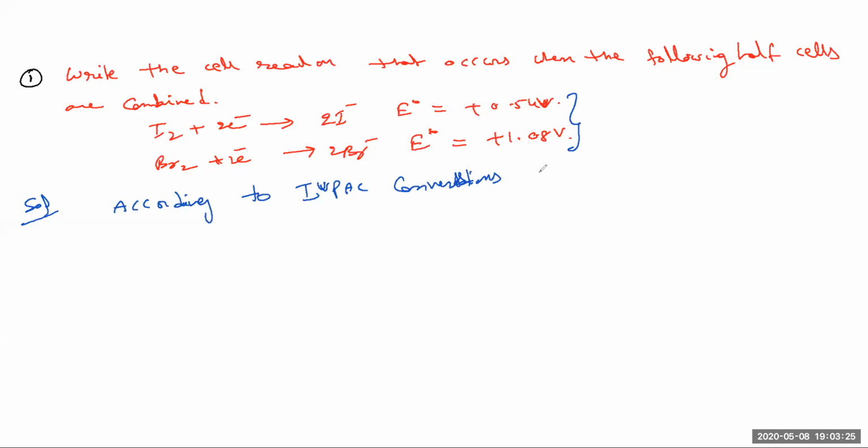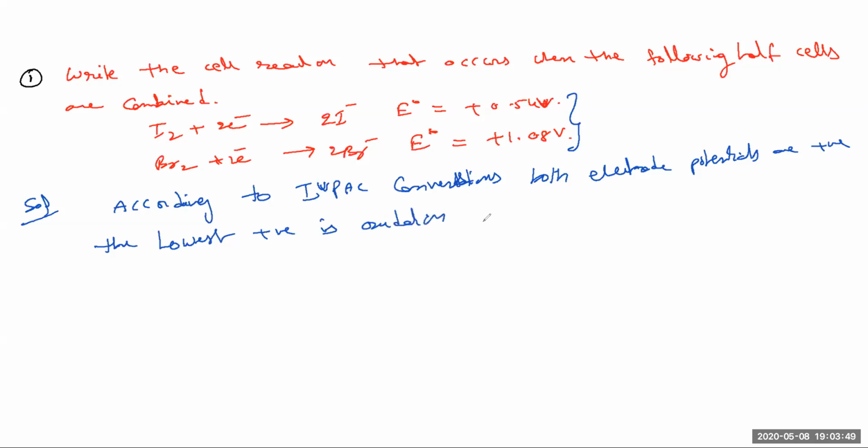both electrodes are positive. The lowest positive is oxidation and the highest positive is reduction.